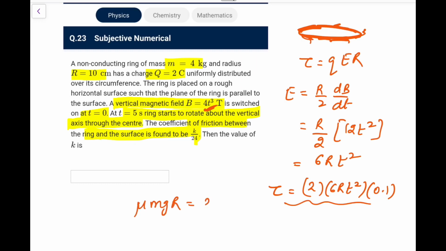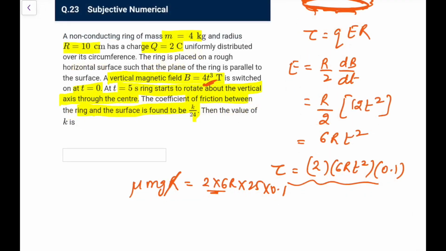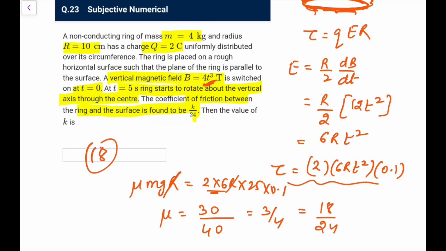So in the limiting case, that would be equal to 2 into 6R, t square is 25, into 0.1. So R and R I can cancel, and mu comes out as 2 into 6, 12 into 25, that is 300 into 0.1, 30 upon mg, which is 40, that is 3 by 4. Now write it as k by 24, it would be 18 by 24. So k value is 18.